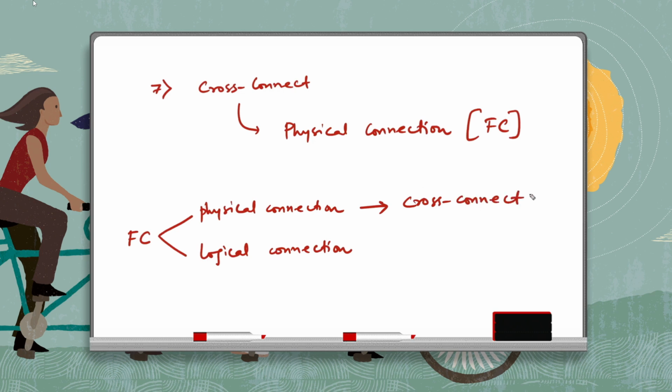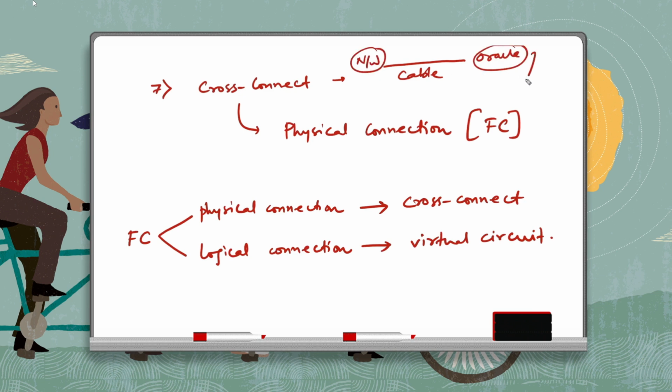And when I say logical connection, it is basically a virtual circuit. So please make a note of this, that there is a physical connection and then there is a logical connection. Physical connection is your cross connect and logical connection is your virtual circuit. What does this cross connect basically mean? It means that there is a physical cable. So this is the cable which is connecting your network to Oracle in a FastConnect location.